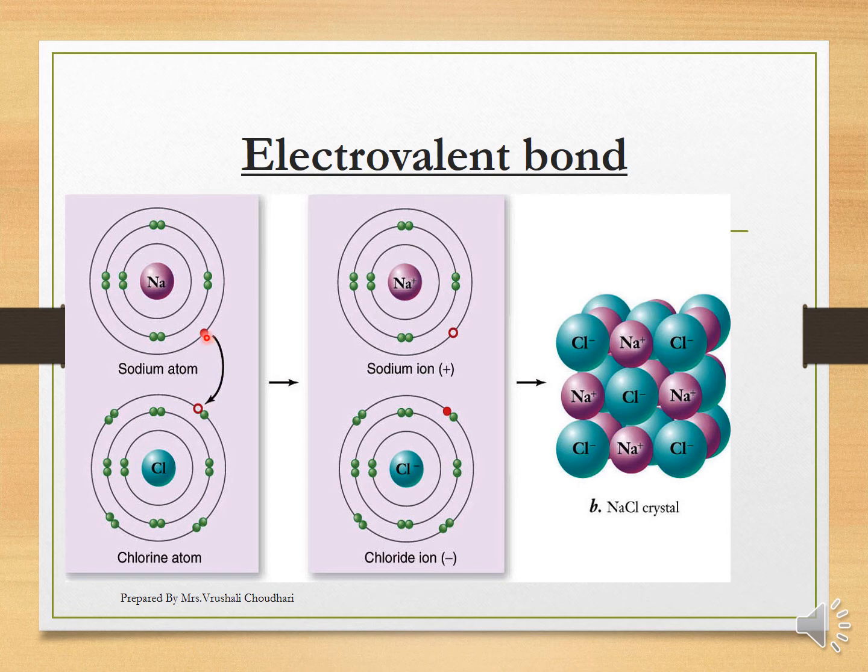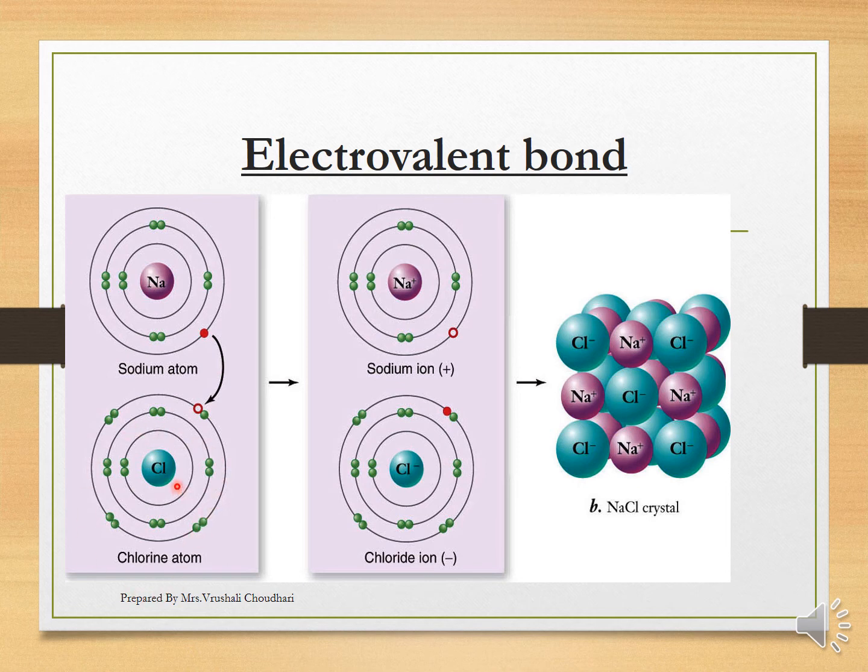To become stable, to complete the octet, sodium loses this 1 electron. As sodium loses 1 electron, it becomes Na+. The outermost orbit is empty, so the positive charge increases. This lost electron will be gained by chlorine.